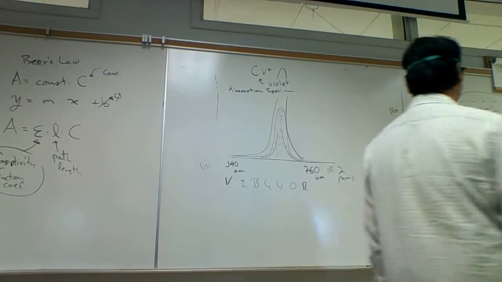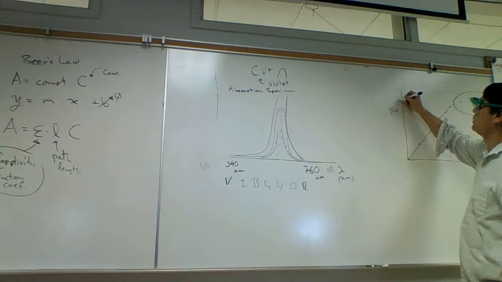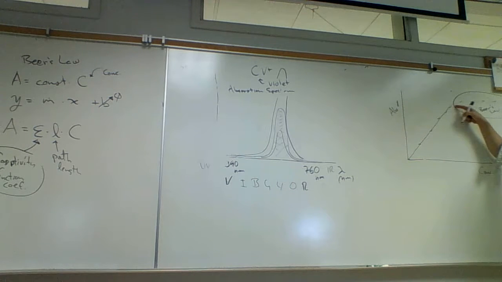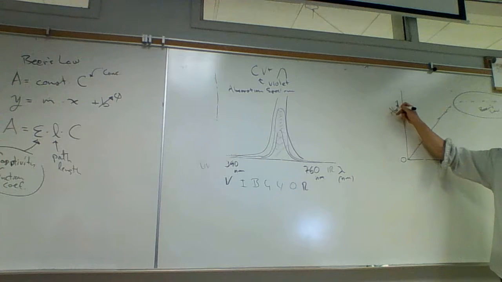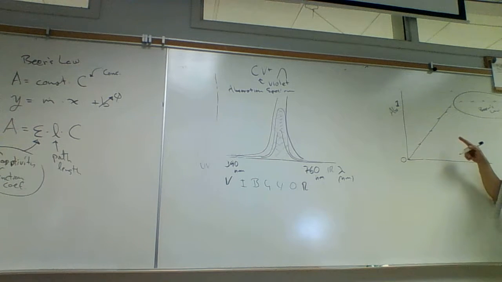High concentrations correspond to an absorbance greater than 1. Once we get to absorbances higher than 1, it starts to go nonlinear, and it's outside the Beer's law region. But absorbances between 0 and 1 should be linear, and these are relatively low concentrations, and therefore we get a nice Beer's law relationship here.